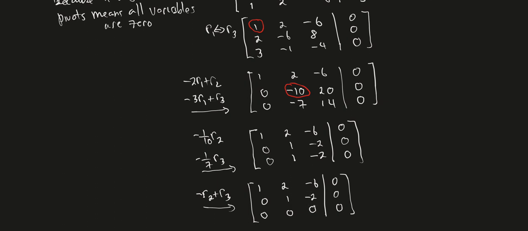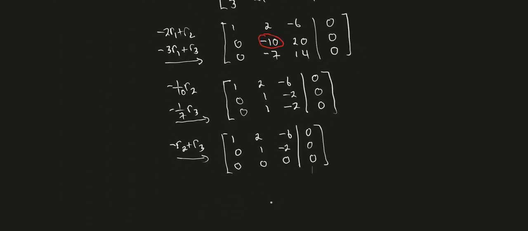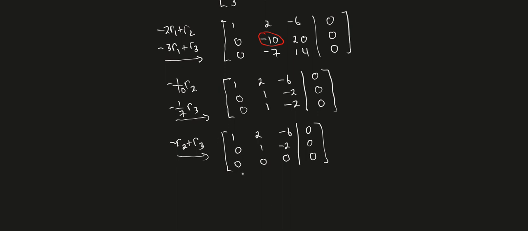So that means C3 is actually a free variable. Let's go ahead and write down the solution to this system parametrically, right? It's been a while since we've done this, but again, this is one of these fundamental things that you end up doing a lot in problems like this.